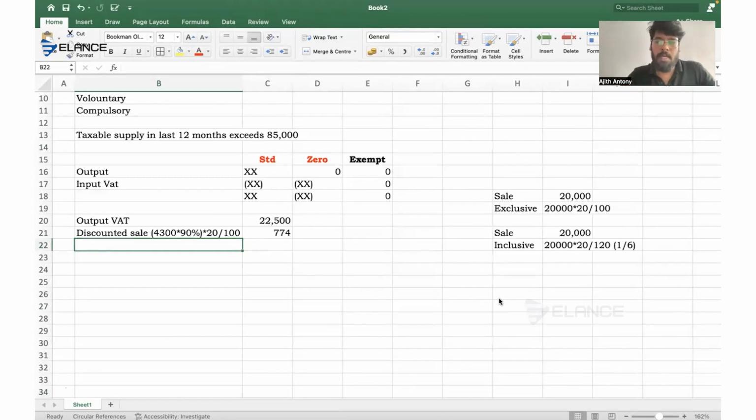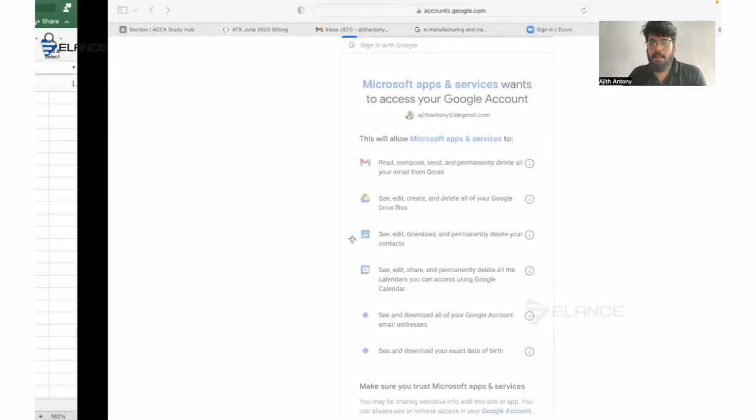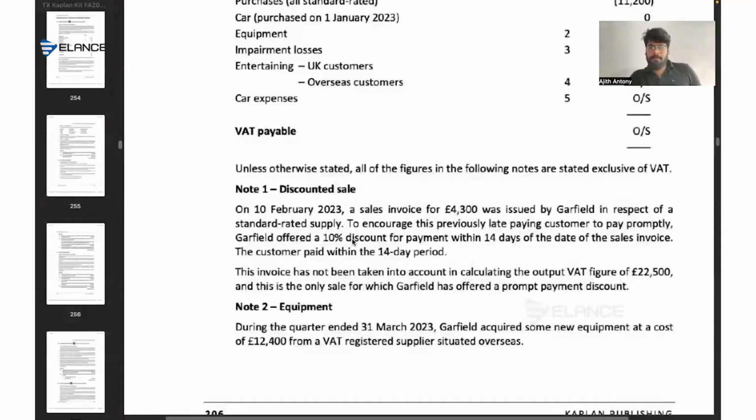I just use 20 by 100 for clarification, to avoid confusion. Directly you can use the 20%, no issues. So it is the discounted sales adjustment.